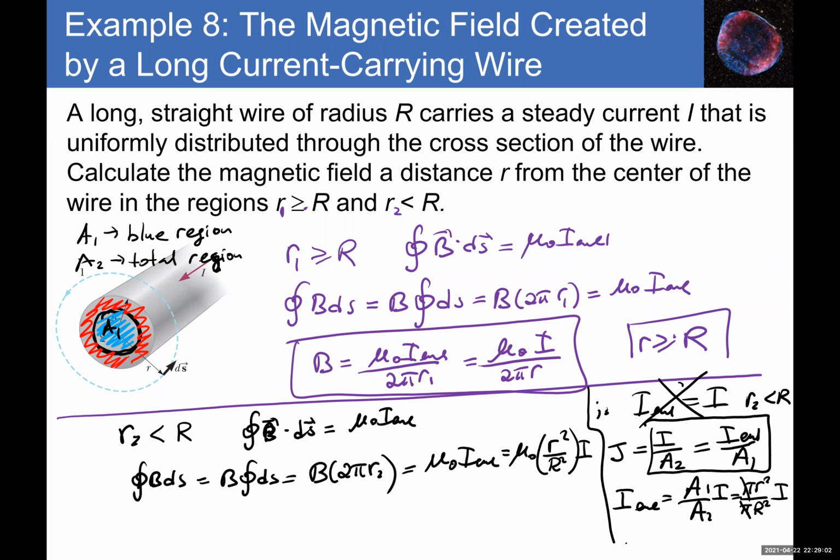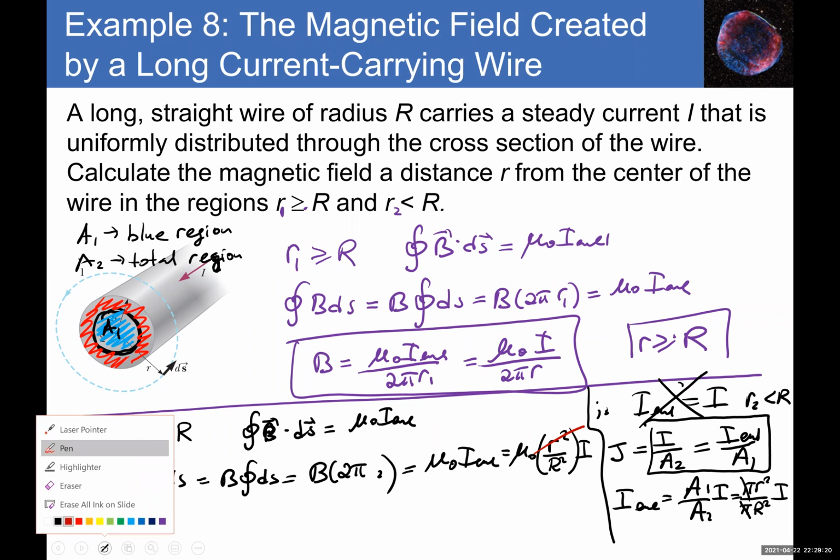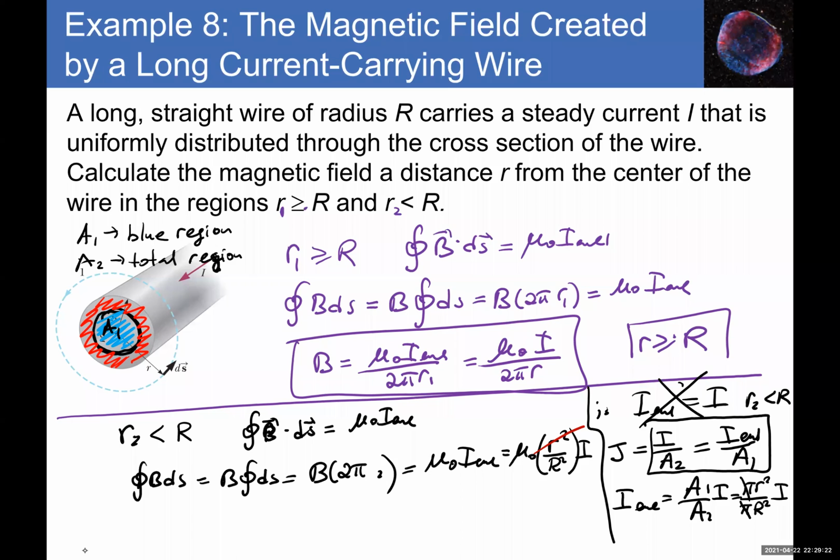Then from here, I can see that the r squared can be canceled out from one side, not both sides. So it will cancel there, and over there just basically the square remains.